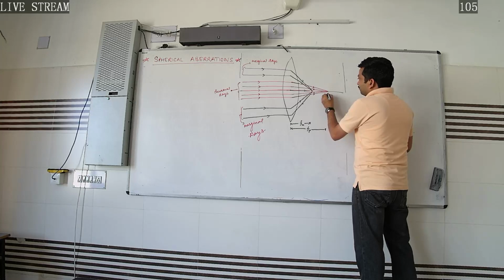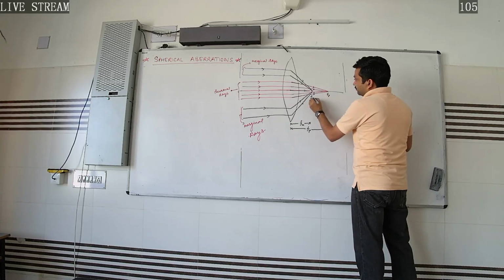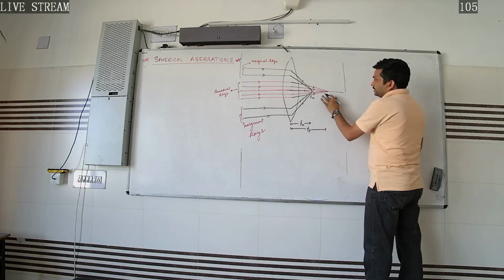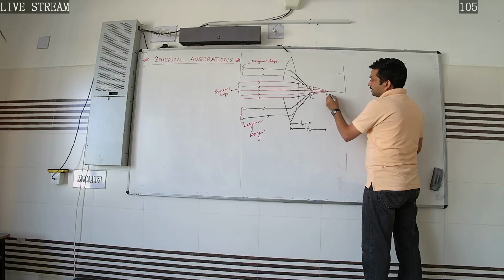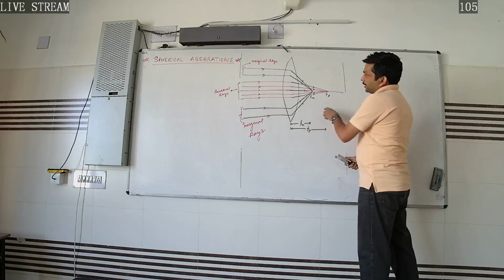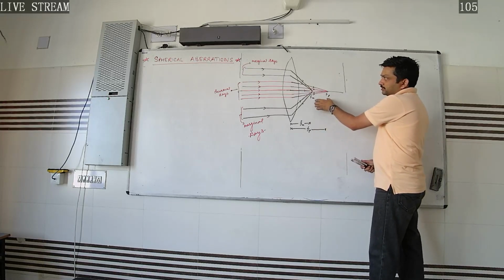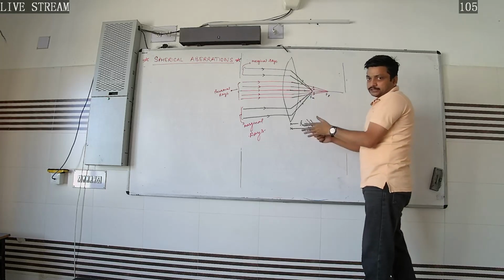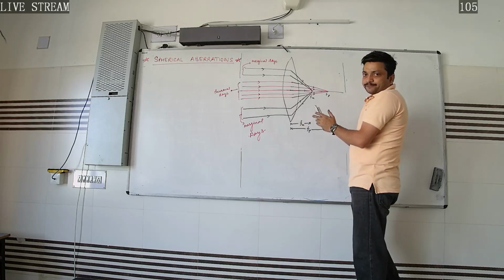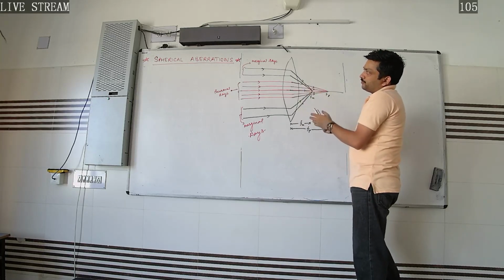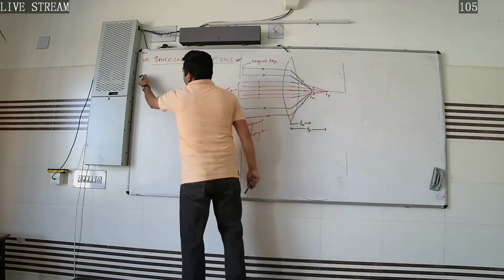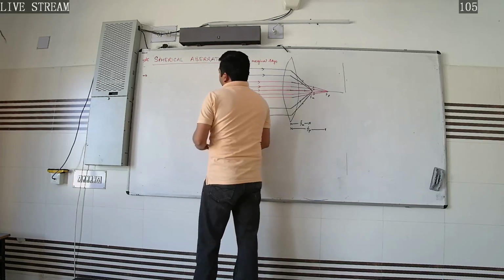This is Fp and this is Fm. That is, this point will act as the principal focus for the marginal rays, and this will act as the principal focus for the paraxial rays. So in this way, we are getting two foci here. The rays of light are getting focused at 2 points, so the person will not be able to see the image clearly. That's why this defect arises in lenses of large aperture, and we can now define it clearly: spherical aberration.